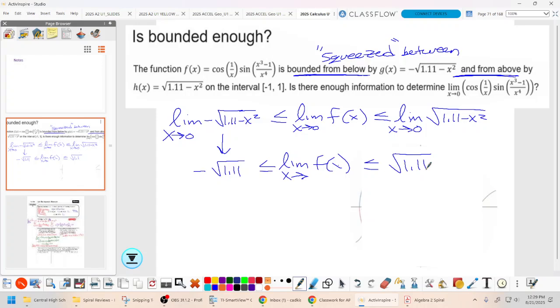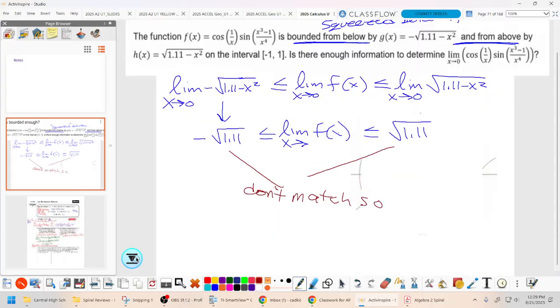So what can you conclude from that? Cannot be determined. Yeah. So these don't match. In terms of writing it out, we have to say the squeeze theorem does not apply. Or cannot be used.